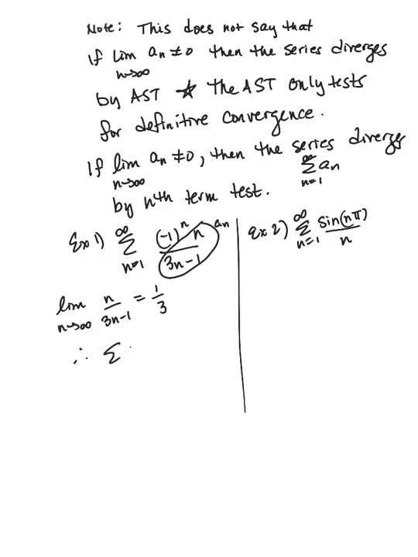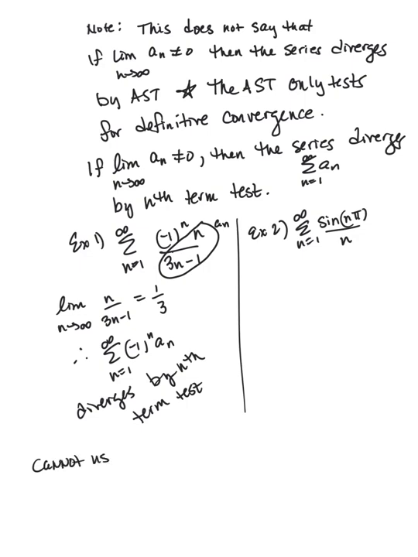Therefore the series of negative 1 to the n times a sub n, n equals 1 to infinity, diverges by the nth term test. Okay, so you cannot use the AST for divergence. That's the whole point.